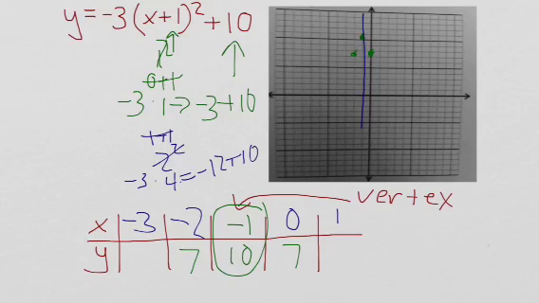Plus 10 should give me -2. So I'm going to graph that -2. And then we can draw our parabola.